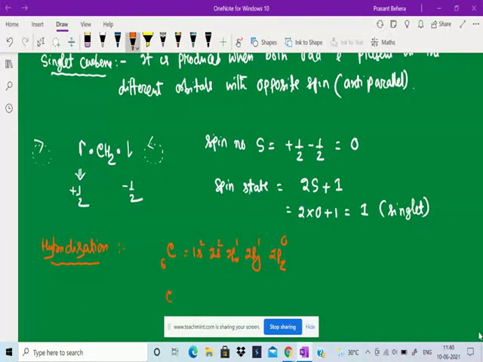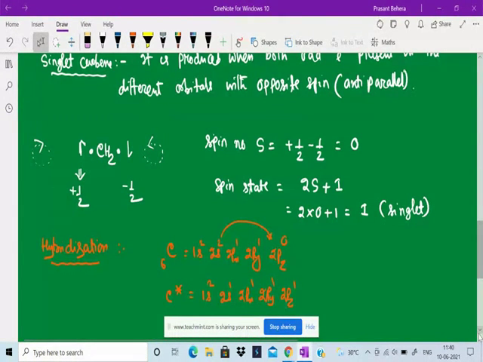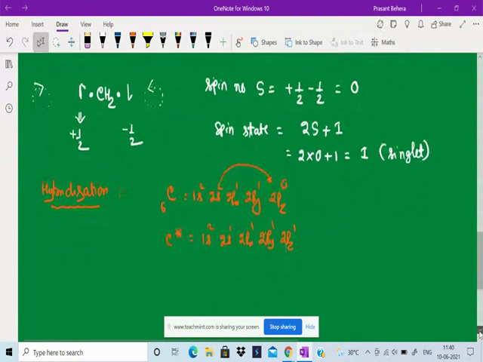When carbon becomes excited, one electron jumps from the 2s orbital to 2pz. That is 1s2, 2s1, 2px1, 2py1, 2pz1. So four unpaired orbitals are there by excitation of the carbon atom.